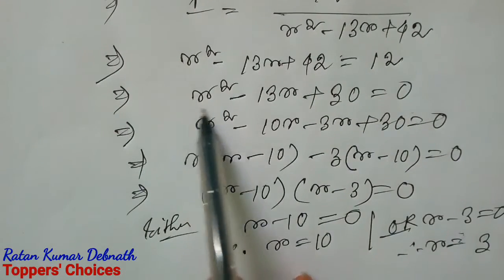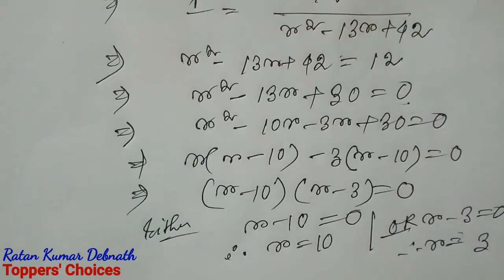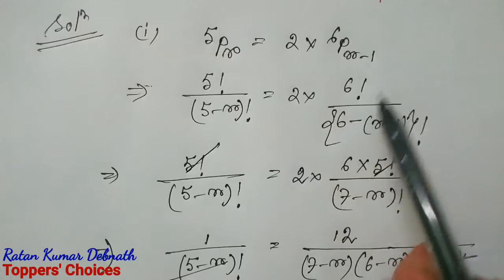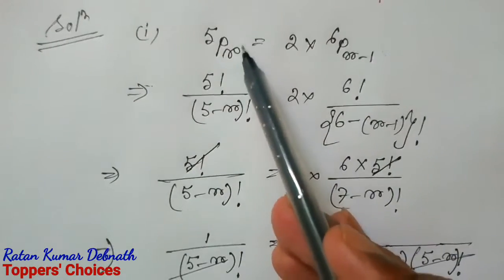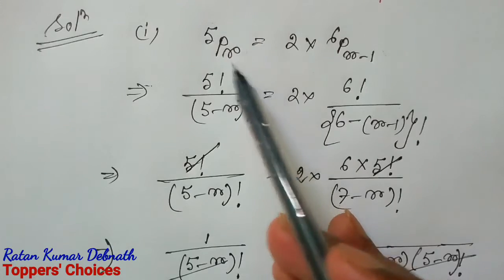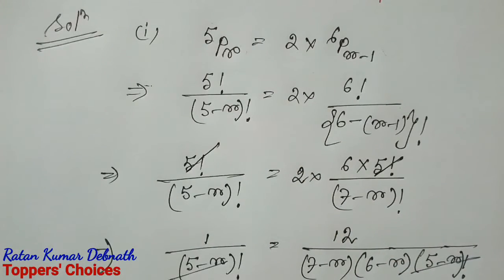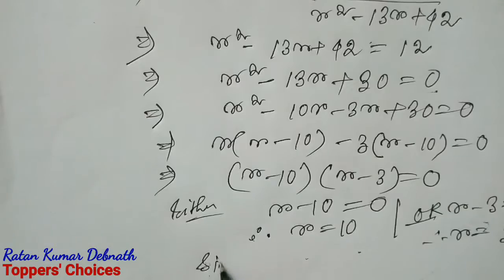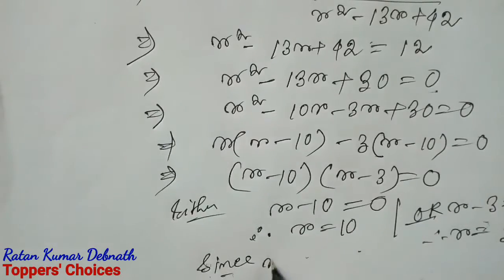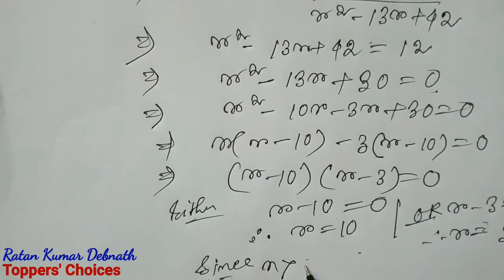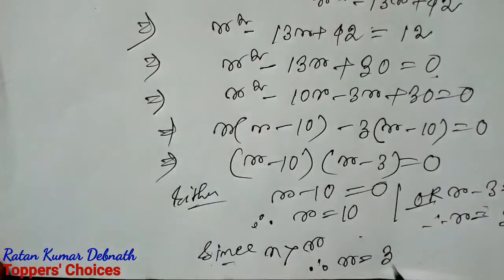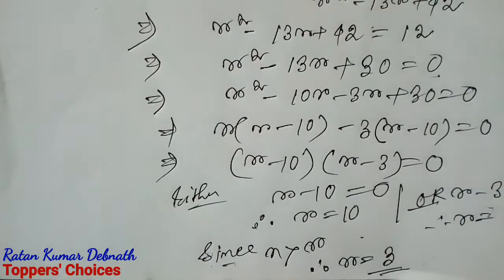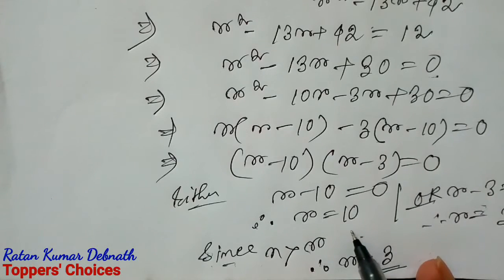By solving this quadratic equation, we obtain r equals 10 or 3. But in the given equation n is 5, therefore r should be less than or equal to 5, since n is greater than r. Therefore r must be 3, and the value 10 will be cancelled.